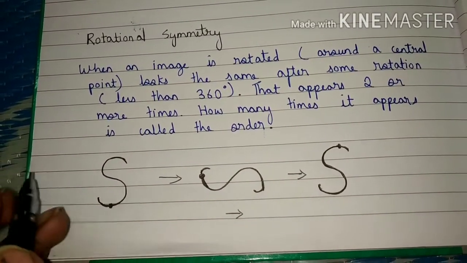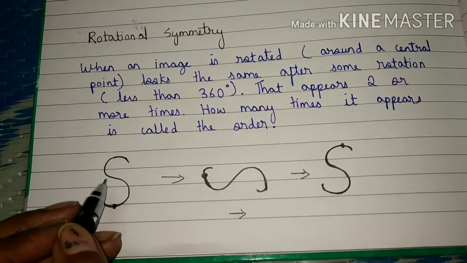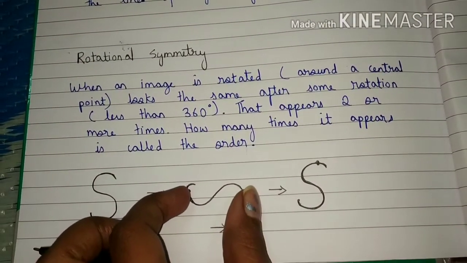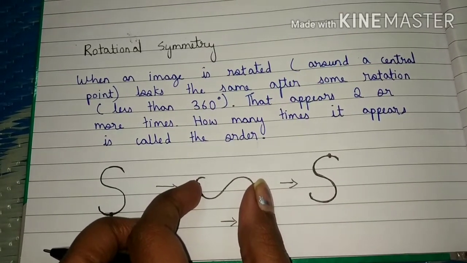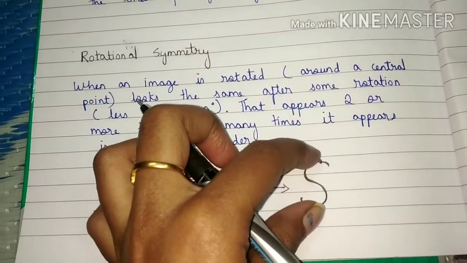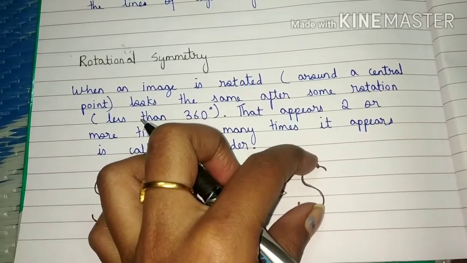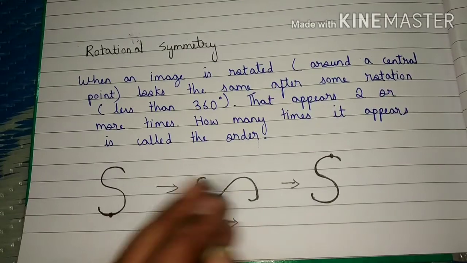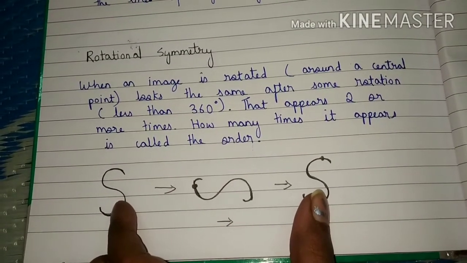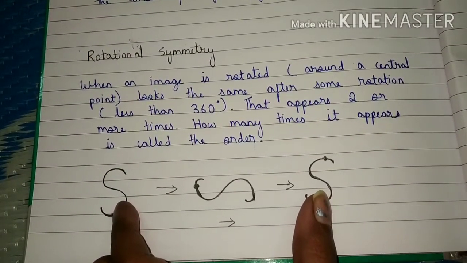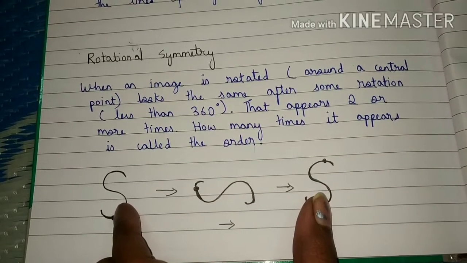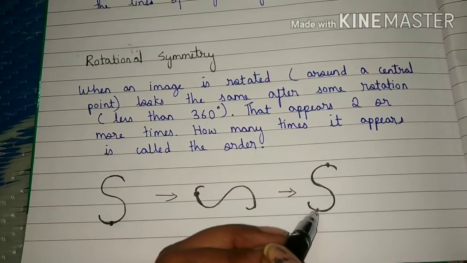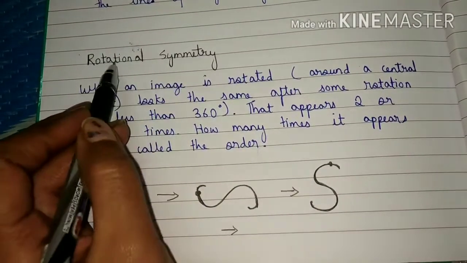Now students, here I have rotated the figure of S like this. And after that again I have rotated the figure of S like this. Students, you can see that after rotation, the figure of S looks the same. Means the figure of S looks the same. So students, this type of rotation is known as rotational symmetry.